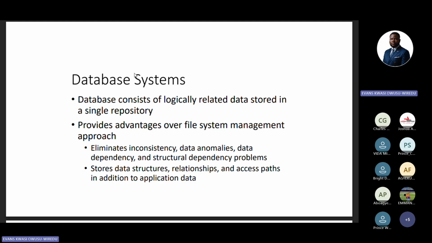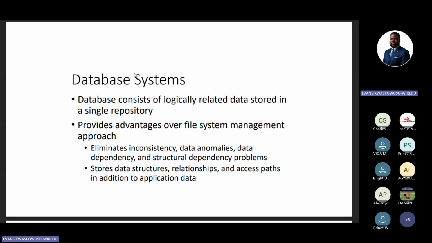All right. So when we say the database, it normally consists of what? Of logically related data stored in a single repository, right?